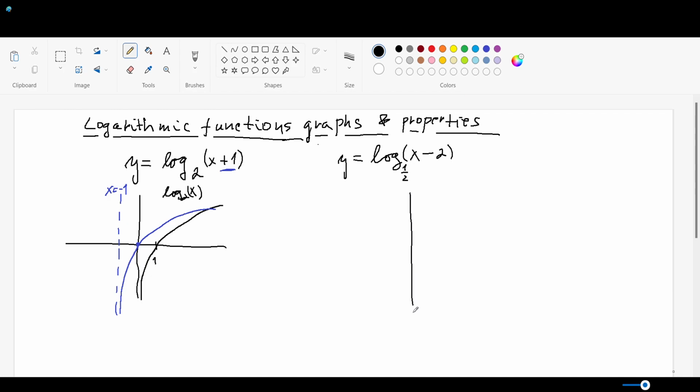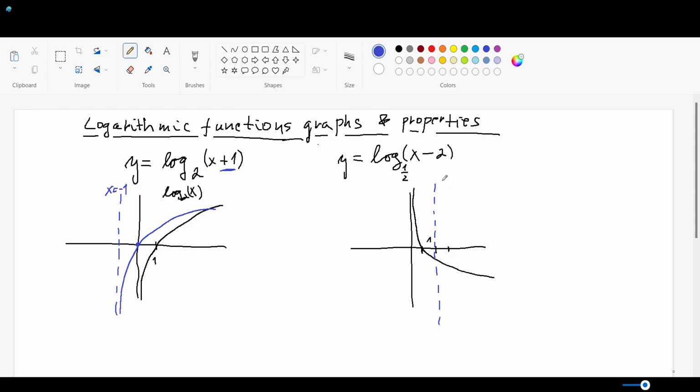You take the same procedure for the graph on the right side, which means you start with the parent function if you want to, and it's going to pass through again the point (1, 0). Now it will be shifted 2 points to the right, so it will pass through the point 2 points to the right. So this is my critical point, and also my asymptote will be shifted 2 units to the right.